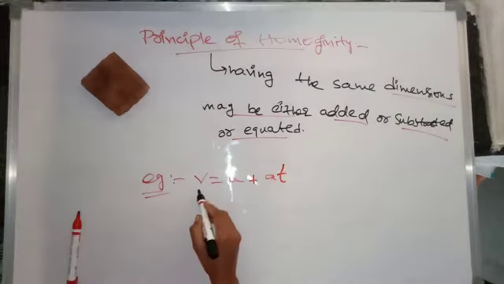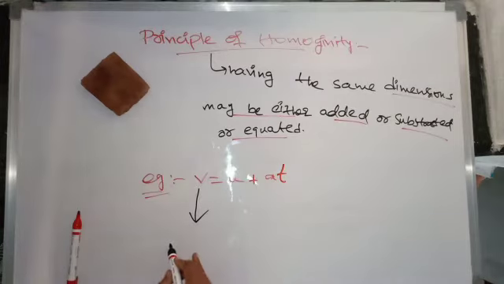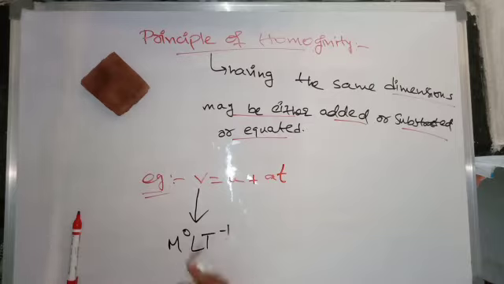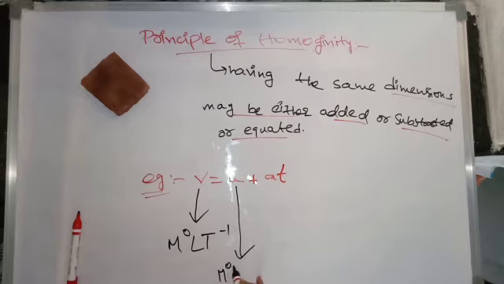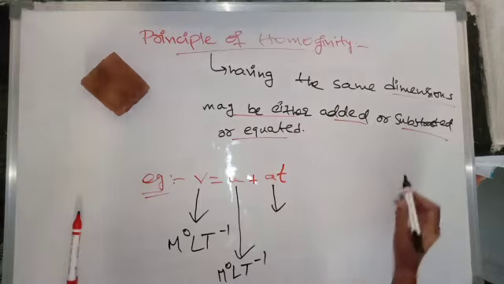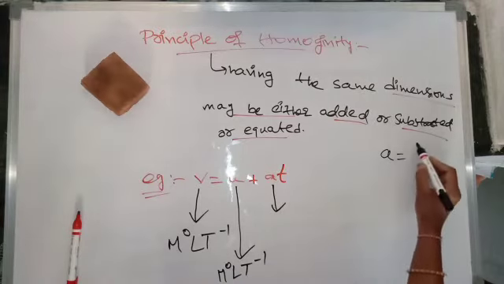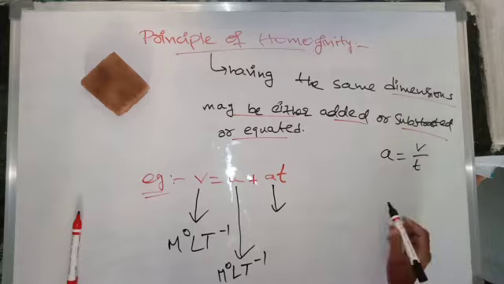What is the dimensional formula for velocity? M naught L T power minus 1. This is the final velocity and u is the initial velocity, so the dimensional formula will be the same. Coming to acceleration, what is the dimensional formula for acceleration? Acceleration is nothing but change of velocity by time t.